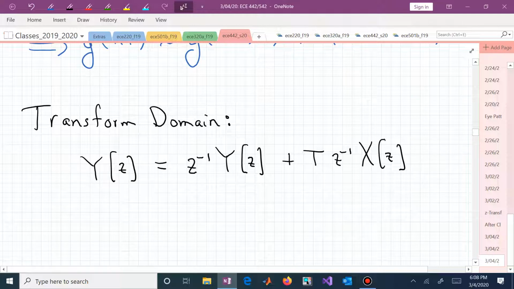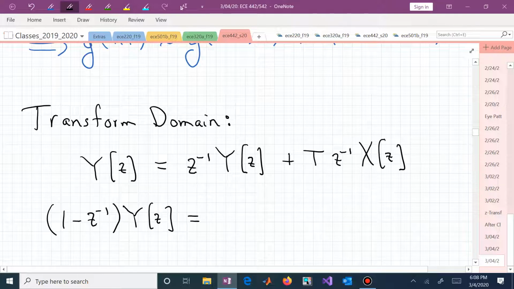We want now Y of z over X of z. Let's combine all of our y's. So we now have 1 minus z to the minus 1 times Y of z by moving that first term on the right to the left. And that's now equal to T z to the minus 1 times capital X of z.